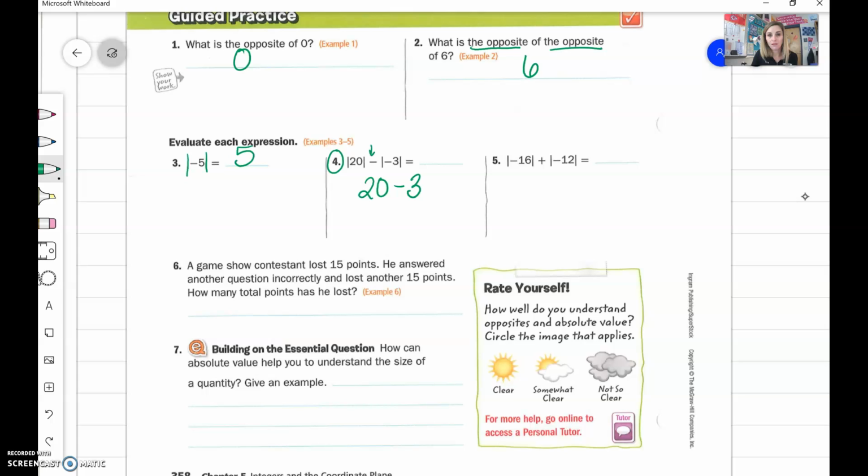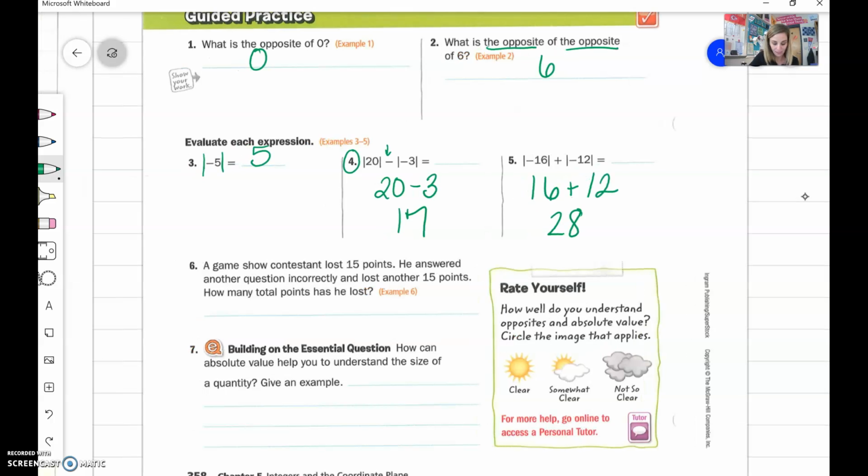It's 3, because that's the distance from 0. 20 minus 3 is 17. Moving on. The absolute value of negative 16 is 16, plus the absolute value of negative 12. The distance from 0 to negative 12 is 12. So 16 plus 12 is 28.